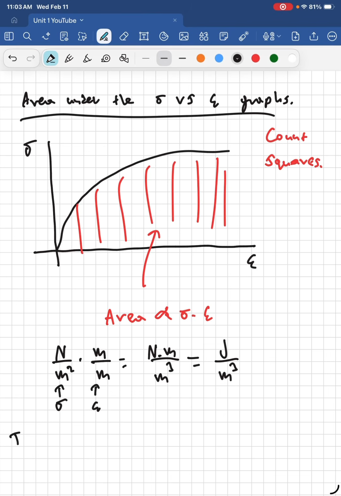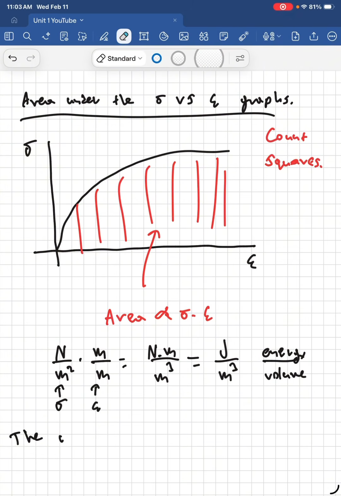So the area, let's write it down. So energy over volume. So the energy, sorry, the area, not the energy.